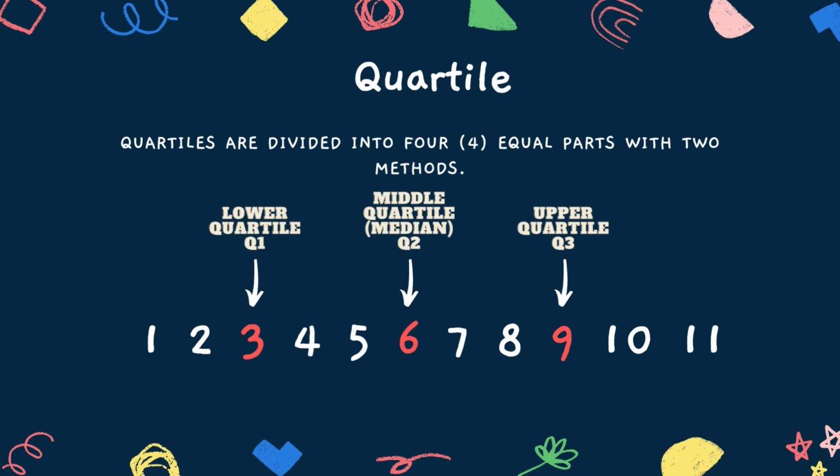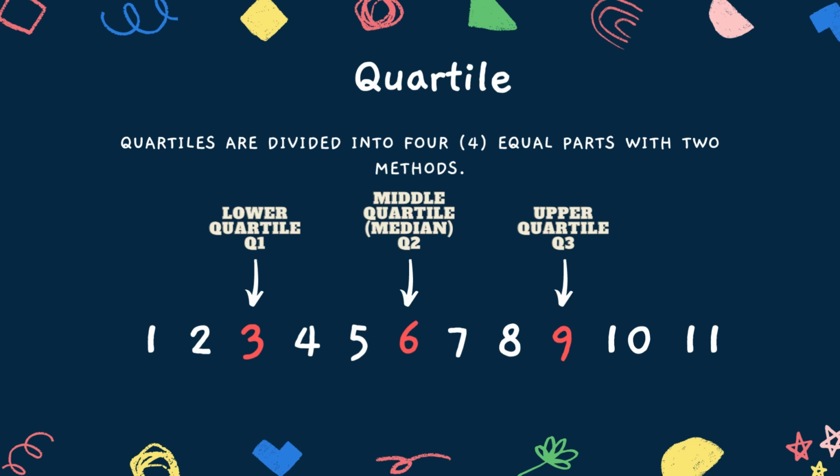So first, we have the quartile. Quartiles are divided into four equal parts with two methods. So again, four equal parts. The first quartile is the lower quartile, or Q1, as you can see here in the tree. Next is the middle quartile, which is the median or Q2.